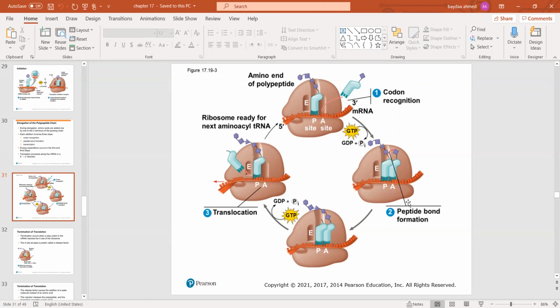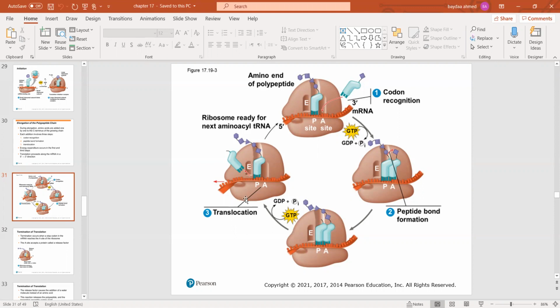As shown in the next diagram, this step removes the polypeptide from the tRNA in the P site and attaches it to the amino acid on the tRNA in the A site.